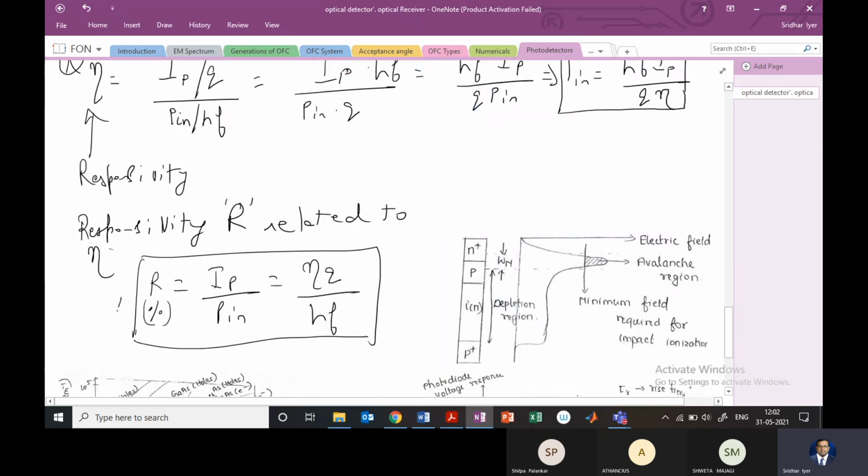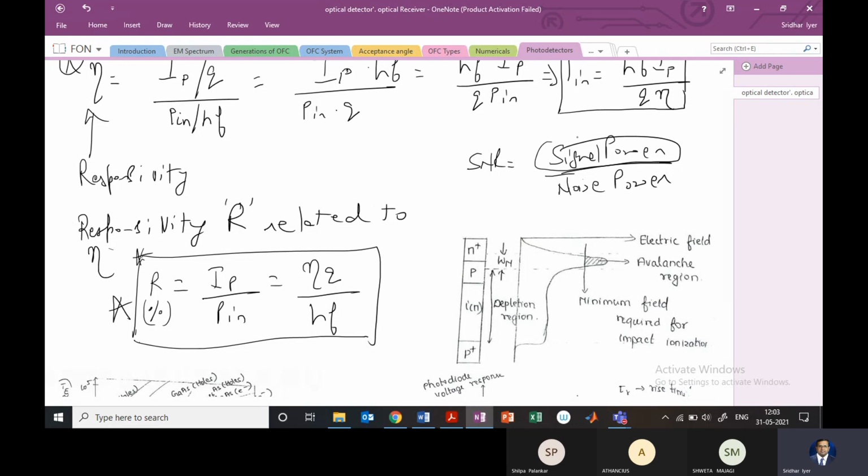This will be used more when we calculate the signal to noise ratio. So we'll see that you'll have this ratio as signal power divided by noise power, and in the signal power we'll be using the responsivity to calculate the signal power, right? So if you have say 100 photons hitting the pin photodetector, obviously 100 electrons are not going to be generated.